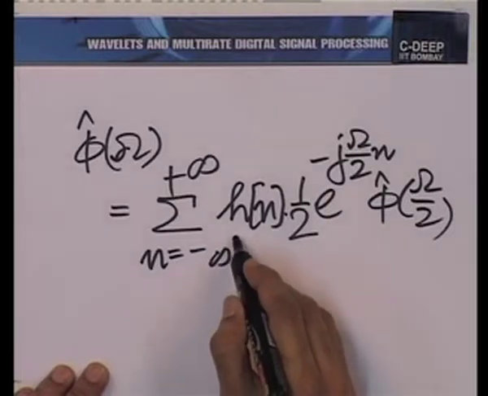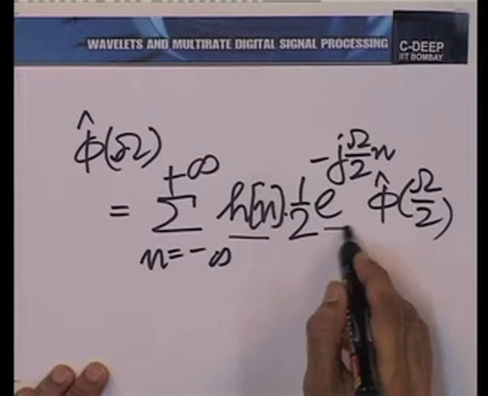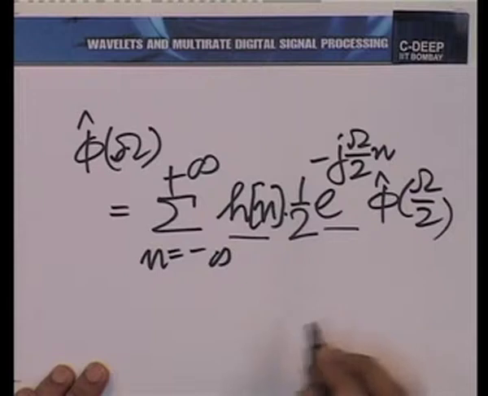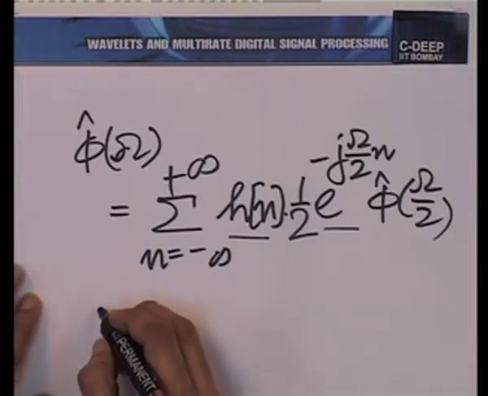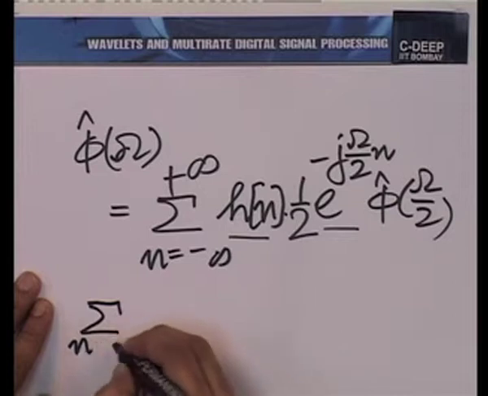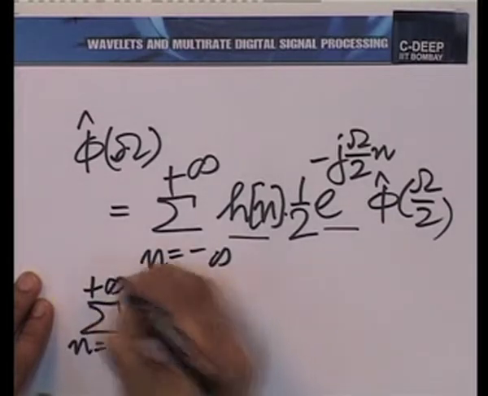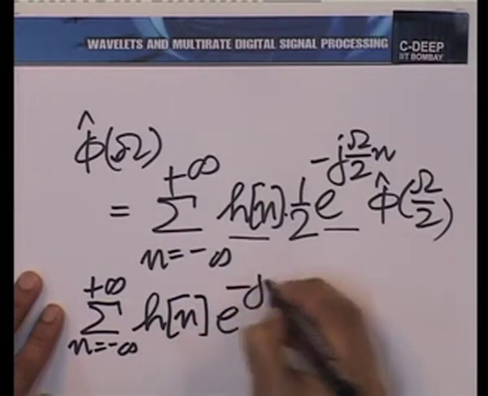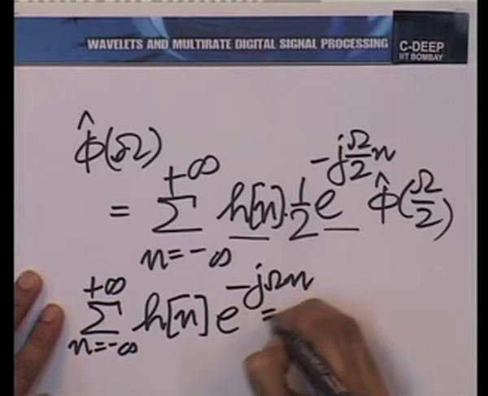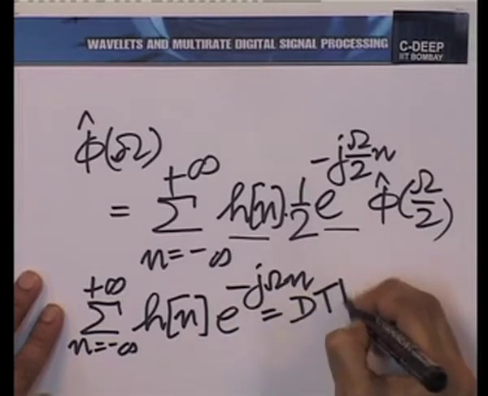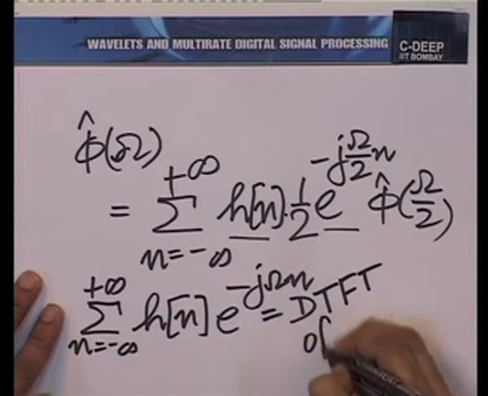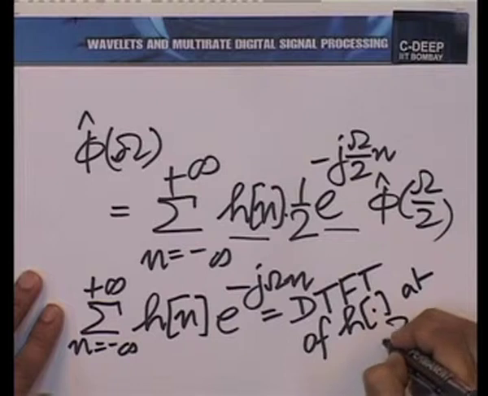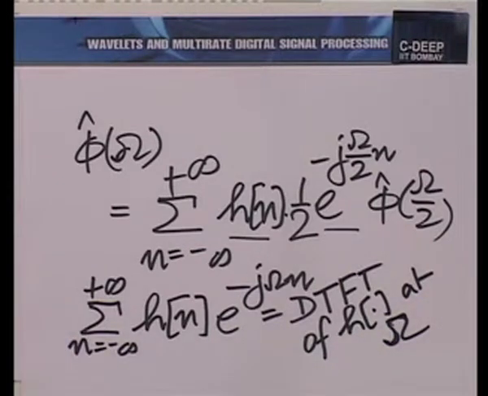Now, this part of the summation, the part that involves n, is familiar to us again. Indeed, we note that the summation n going from minus to plus infinity h n e raised to the power minus j omega n would be essentially the DTFT, the discrete time Fourier transform of h, evaluated at capital omega.